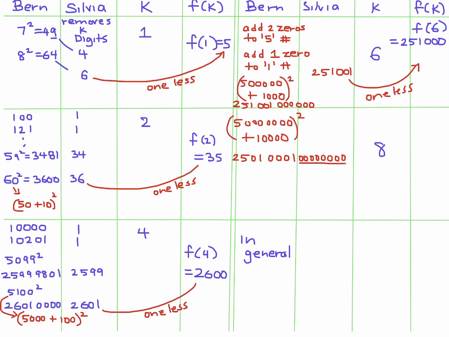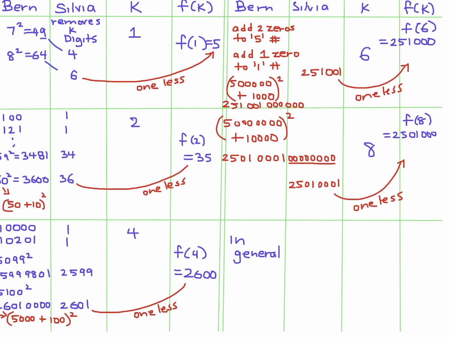We're going to remove these guys. And when you do, Sylvia's number becomes 250,100,0001. And to get that, we go 1 less, as before. And therefore, f at 8 is 2,501,000.